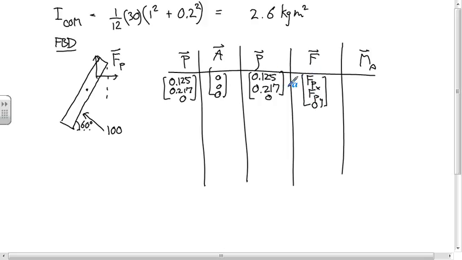This is all happening in the XY plane, so the only non-zero component is going to be Z. And we get 0.125 FPY minus 0.217 FPX. And that's in the Z direction.